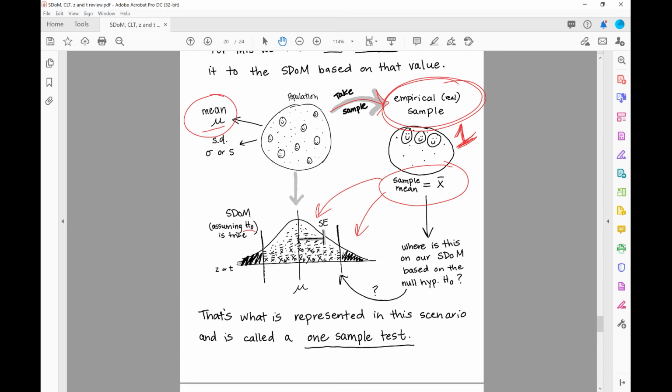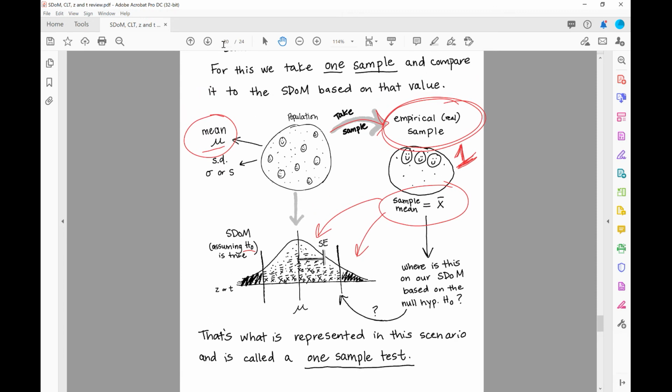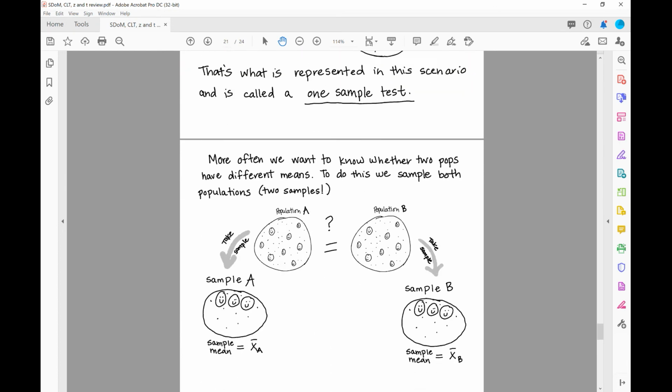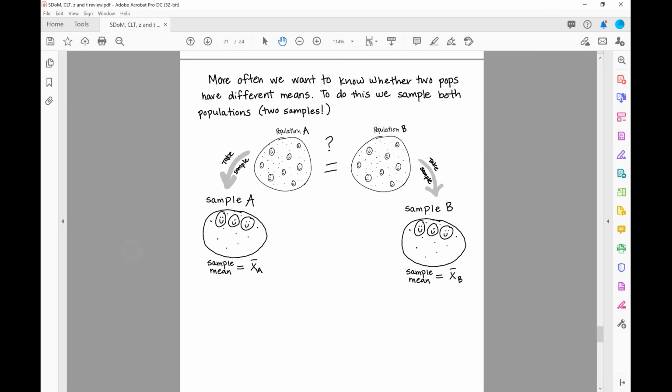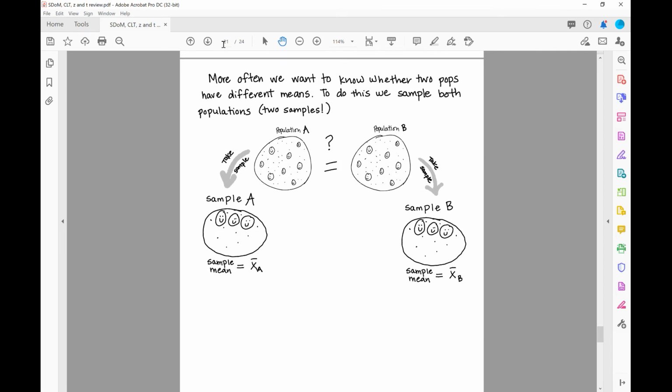Now, more often, we're not actually interested in whether the population mean is this value or not. What we're often more interested in in research is whether different groups are the same or different in terms of their values, their measurements, and their means.